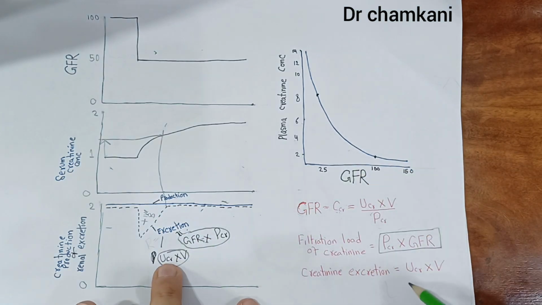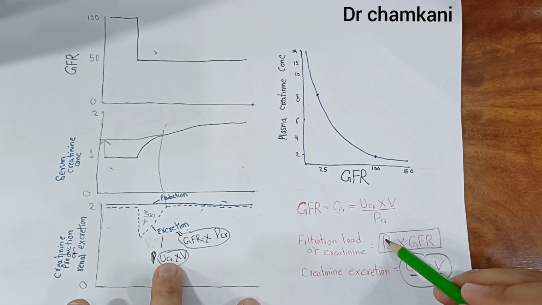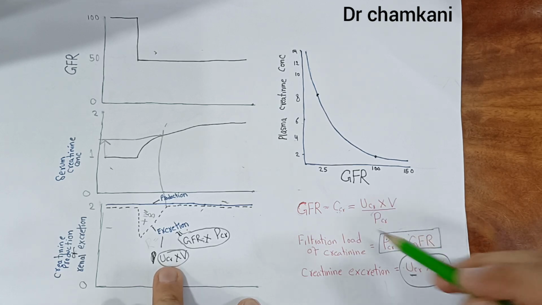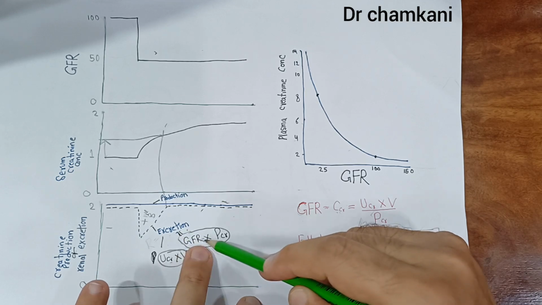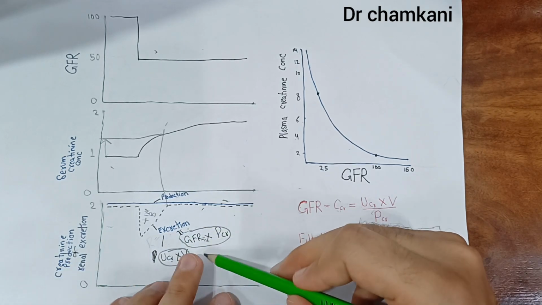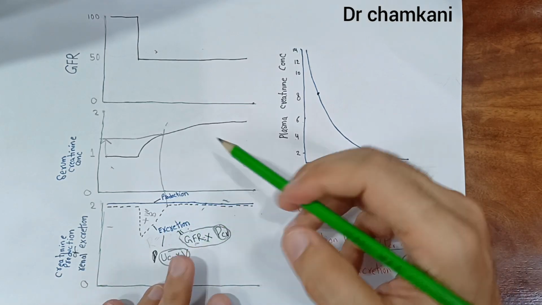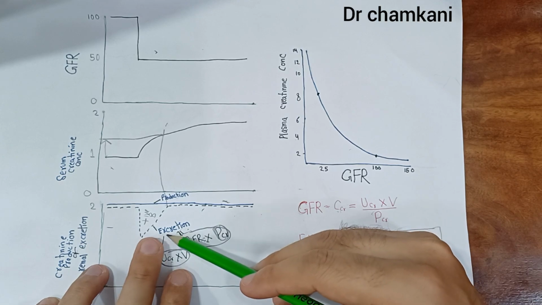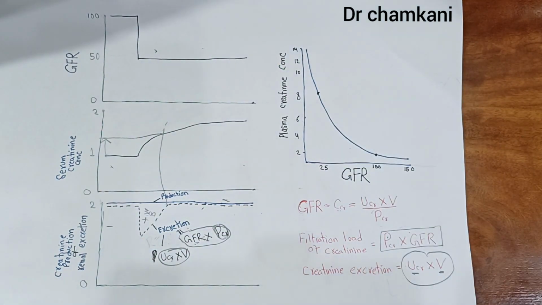Excretion is a product of urine concentration into the urine volume, and filtration load is the product of plasma creatinine concentration into the GFR, and these two must be equal. Whenever there is a defect in one of these, the other value compensates, but it makes sure that excretion is equal to production. But it will occur at a higher level of blood creatinine.